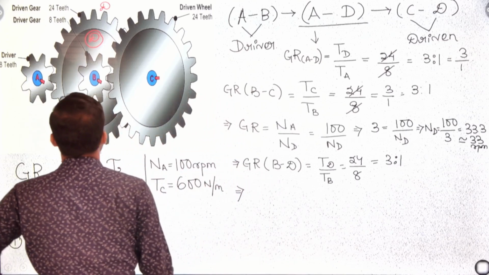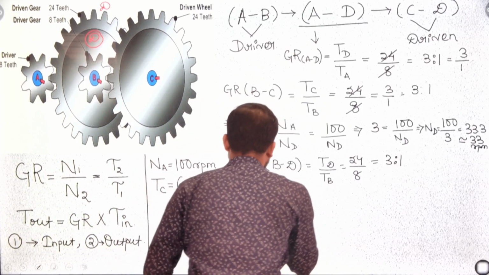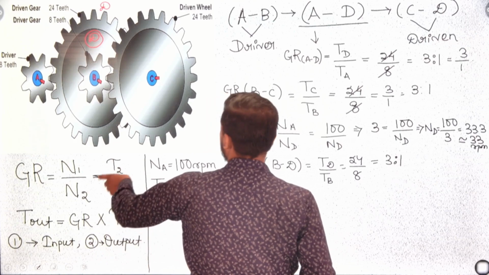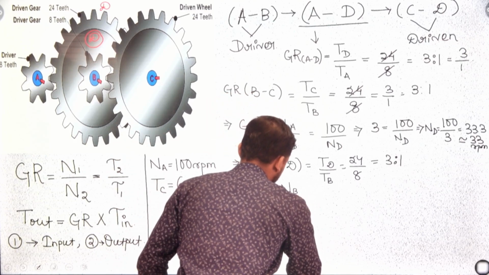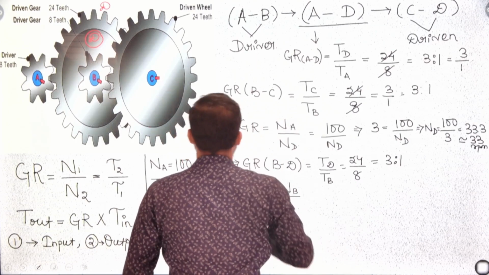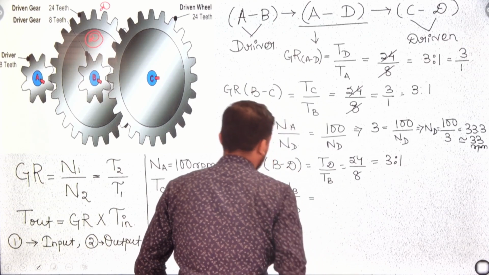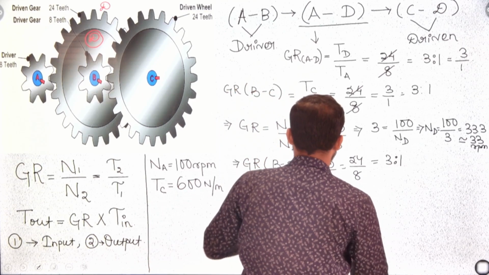Now we are going to find out the speed of B. How to find? This gear ratio is equal to input gear speed by output gear speed, that is NB by ND. So NB by ND, gear ratio is 3.